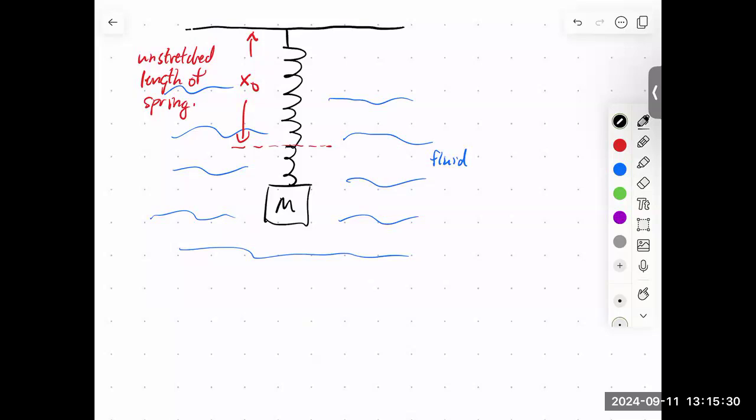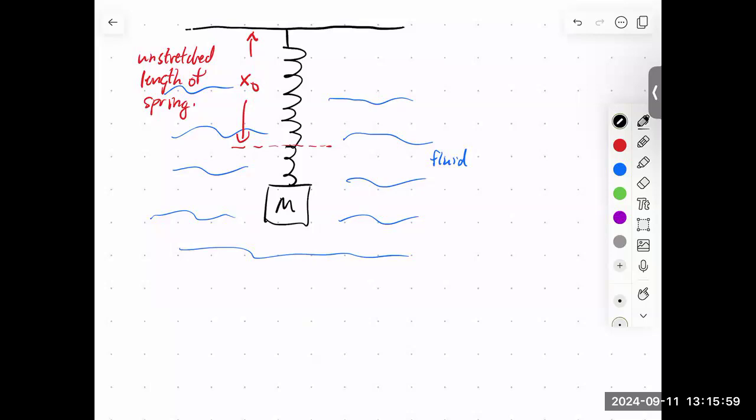And so that drag force is essentially taking some of the mechanical energy of our mass on a spring, the potential plus kinetic energy, and converting that into heat. As we pull heat out of the system, we have less mechanical energy, and so the oscillations become damped. They become less large, and they damp more and more and more until this thing finally comes to rest.